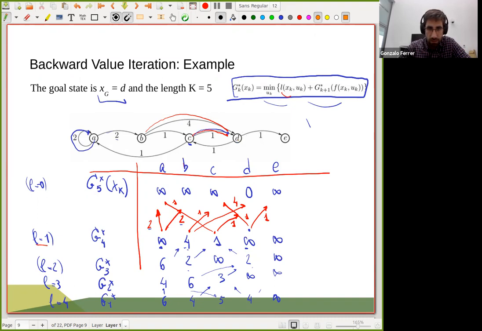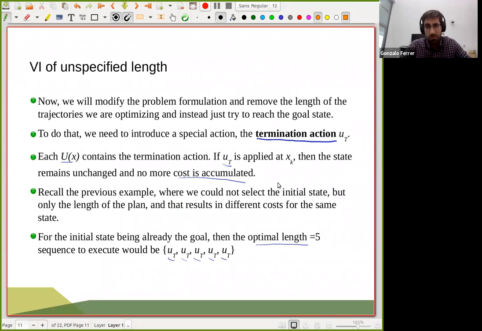For length 1, you either go here or you go to the other side. For length 2, the optimal thing was getting to node C and then getting back. So that's why we were getting cost 2, etc., right? That was a little unnatural, but if you wanted trajectories of this given length and there was no way of adjusting it, that was the solution.